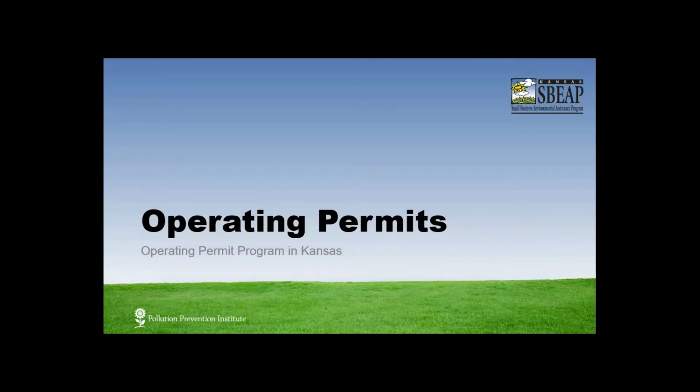Operating permits. Once you have construction approvals or permits for your facility operations, you may also need to obtain an operating permit from KDHE Bureau of Air that covers your facility-wide emission activities and processes.